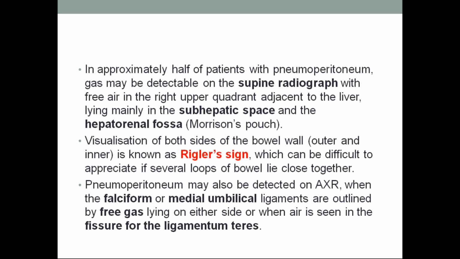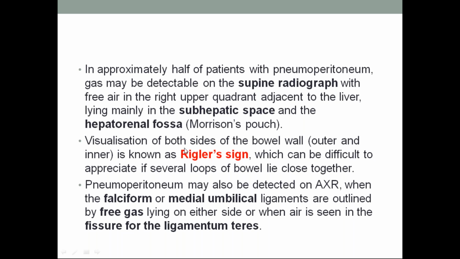In that condition, if we notice the bowel wall, we will find air on both sides surrounding the bowel wall, that is, outer and inner gas. It is difficult to appreciate if several loops of bowel lie close together. If the bowel loops are collapsed or close together, it is difficult to distinguish. I will show you in the image.